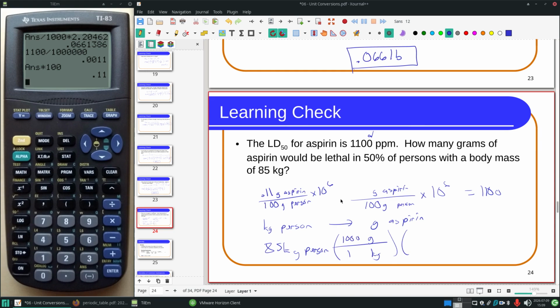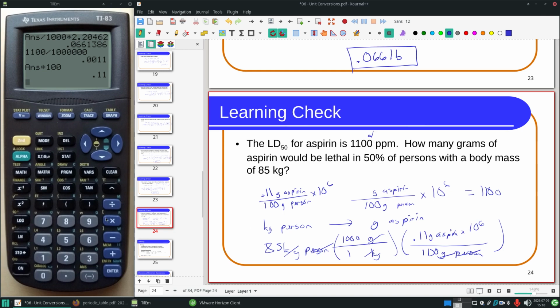And then this thing is going to go into a conversion factor all by itself. I'm just going to do something weird with that 10 to the sixth. So it's multiplied to get to that ppm. I'm going to move it up here with the aspirin. So times 10 to the sixth. And then on the bottom is just everything else. 100 grams person. All right, so I have the kilograms canceling and the grams and the person canceling.